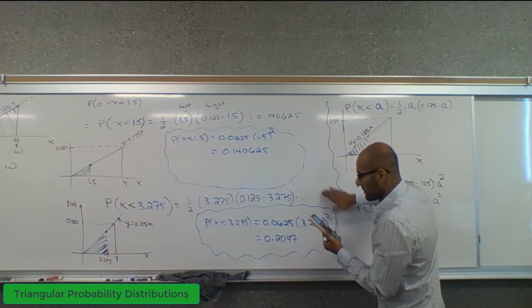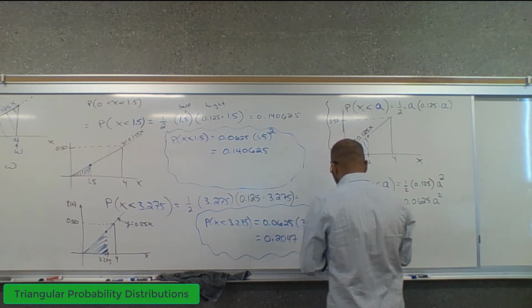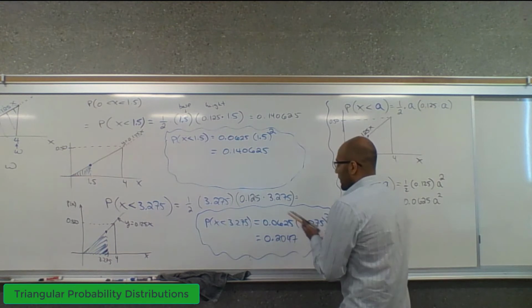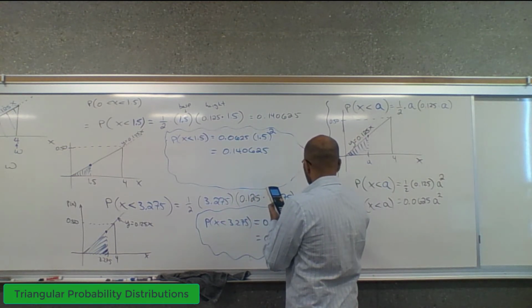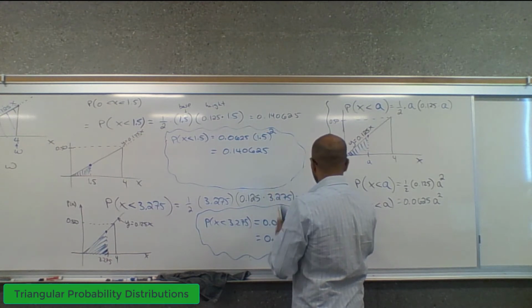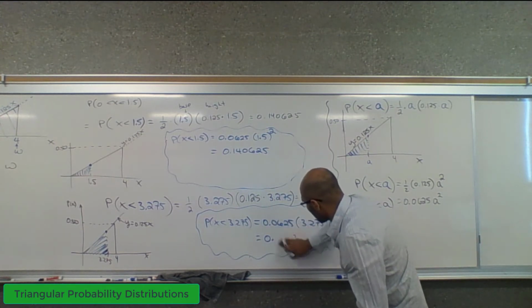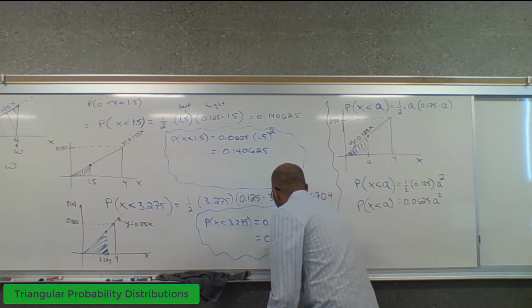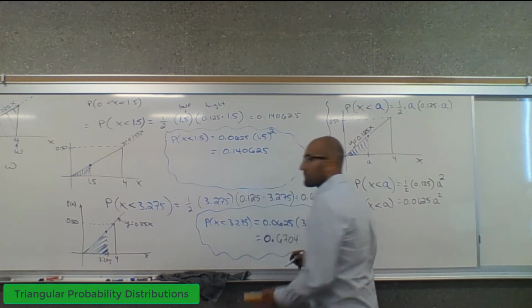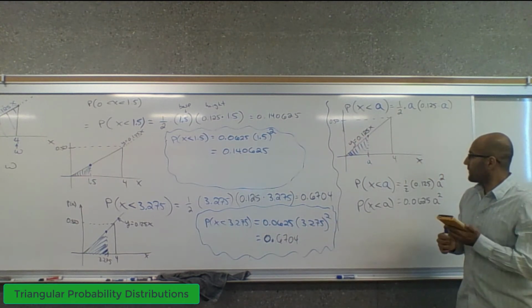Yes. Mm-hmm. Sorry. Alright, so back to this guy. This guy is equal to 0.6704, which means that this should also be equal to 0.6704. Are we all good now?